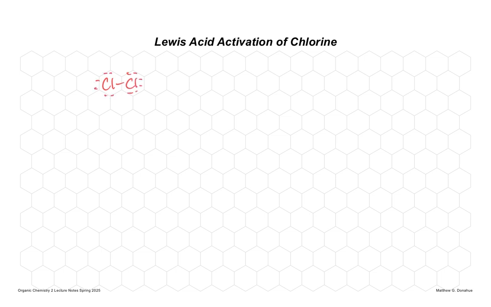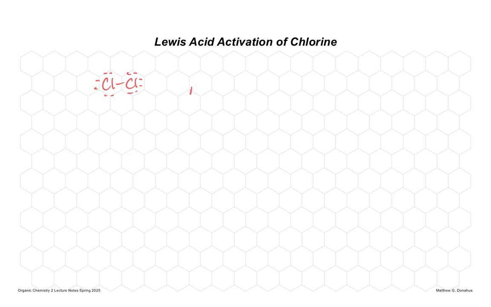When we look at chlorine, we see it's diatomic. They're the same element, so there's really no charge separation between the two chlorines. You might have some induced dipole, that sort of thing, but it's not really changing either atom to be more positive than the other.